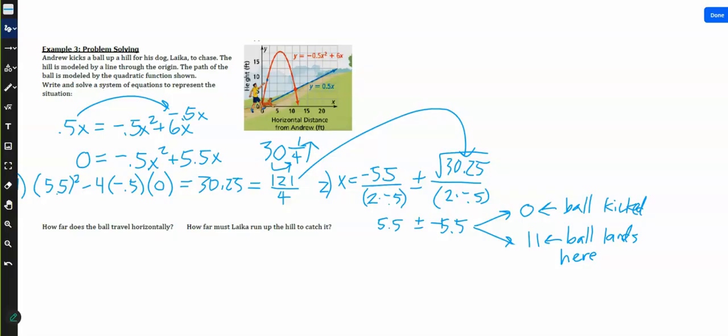Okay. Opposite of b over 2 times a. Is that really true? Yeah, okay. That doesn't seem really right. I mean, you got a ball in the air for 11 seconds? Holy cow.